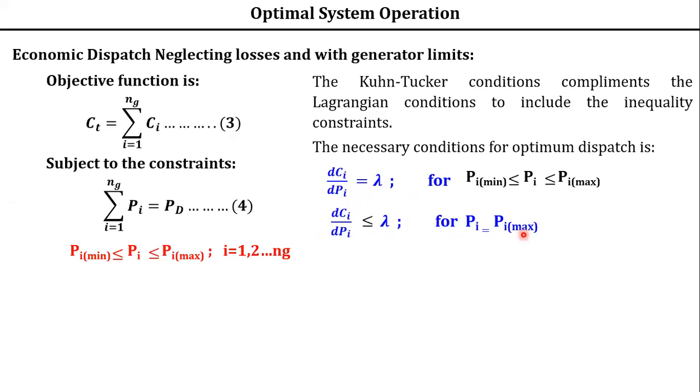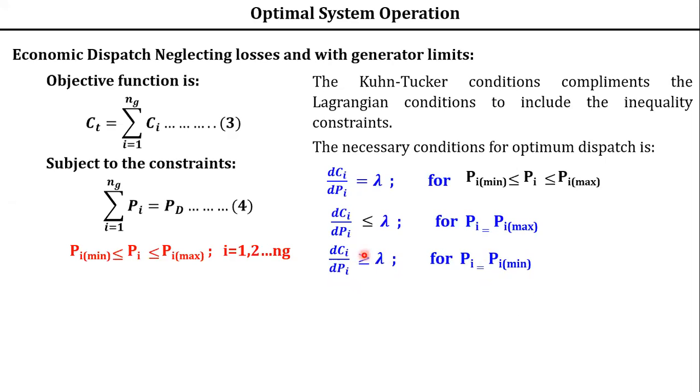Now, for Pi equal to Pi minimum, that means whenever it violates the lower limit, Pi will be clamped at Pi minimum. For that, this constraint will be in the reverse way. So what is the condition for optimal dispatch? When it violates the lower limit, Pi will be clamped at Pi minimum, and dCi by dPi must be greater than or equal to lambda.